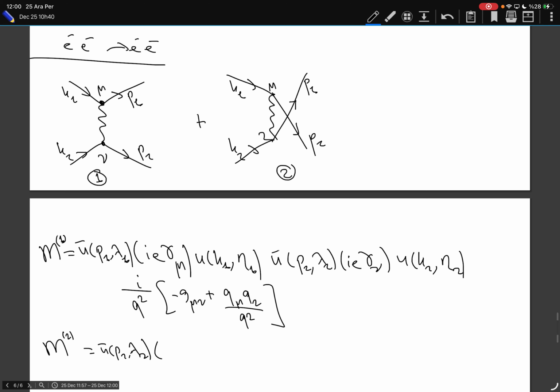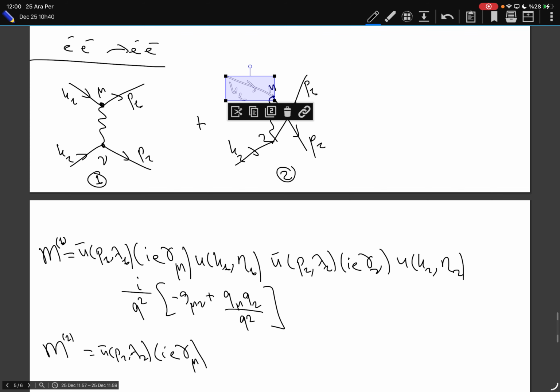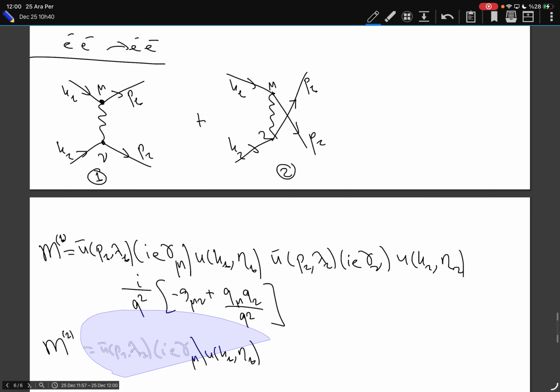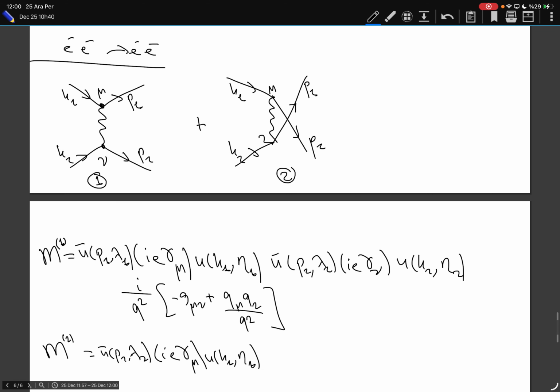There I have IE gamma mu, and an incoming electron, U of K1, eta 1. So this product corresponds to the factor for that fermion line.